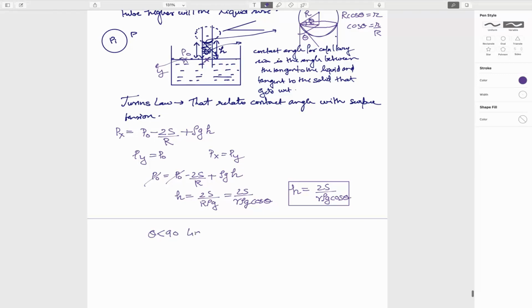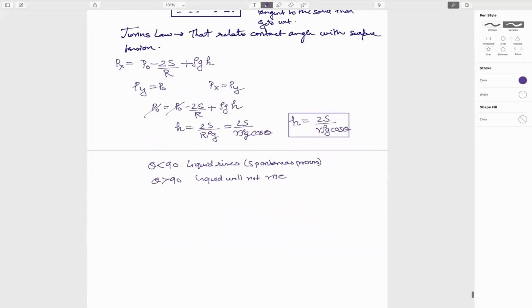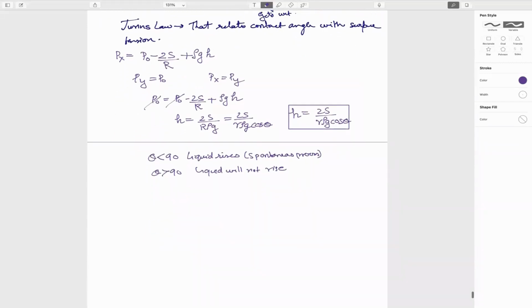Then the liquid rises, and that's the spontaneous process. If theta is greater than 90 degrees, then the liquid will not rise. So I want to point out one thing: this rise is because of the competition of the cohesive and adhesive forces.